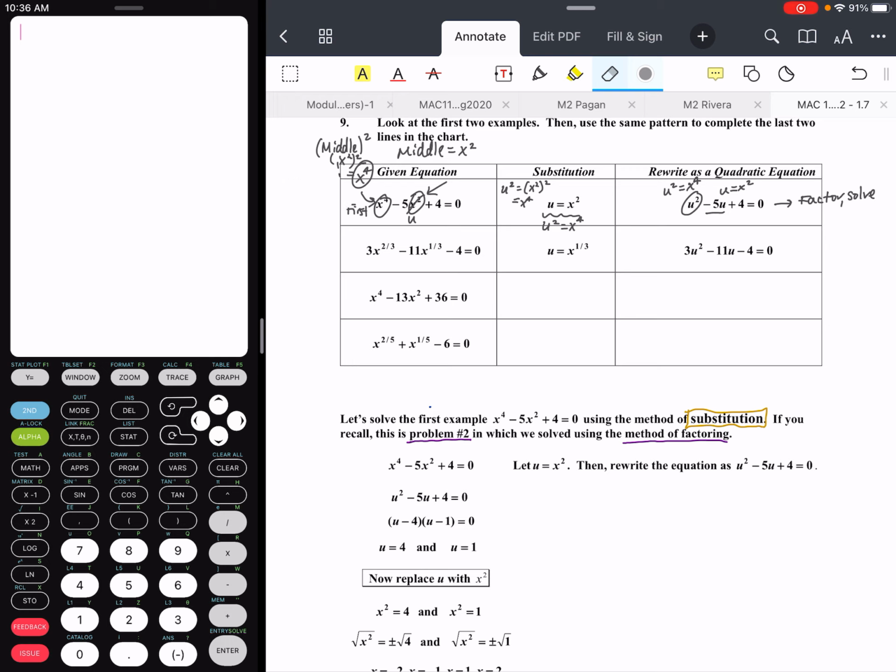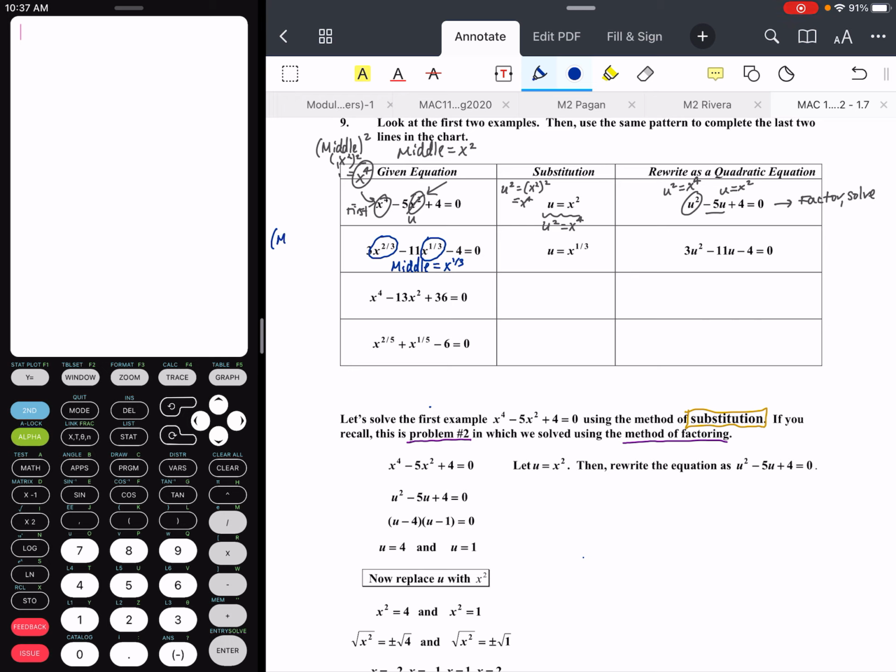Okay, so looking at our second equation down here, my middle variable is x to the 1/3. First I want to make sure that this equation is quadratic in form. To check that, I want to make sure that if I square that middle variable, I'll get this first variable.